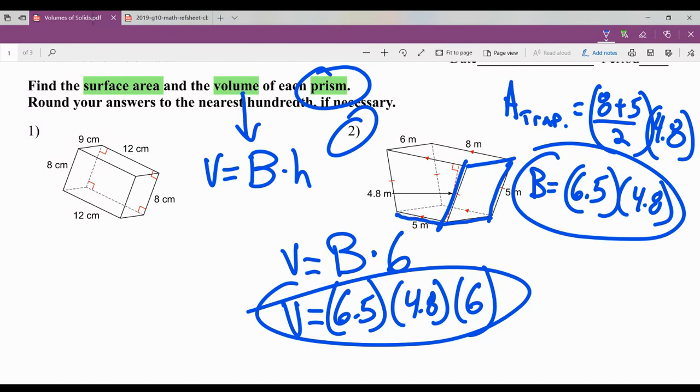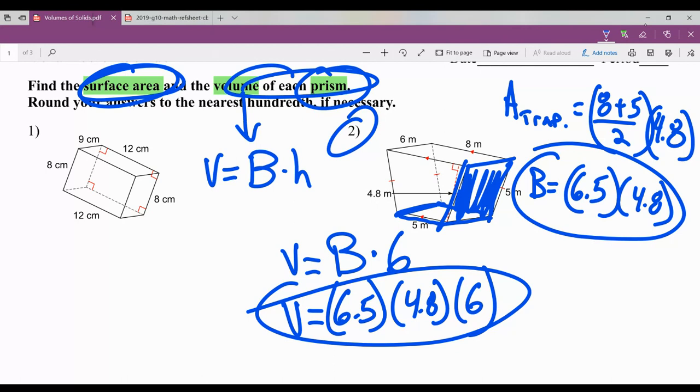This would be 5, and we already know that this is 6. So it turns out that the bottom has the exact same dimensions as, I guess you could call it, the right side. And then the top is 6 by 8. So again, for surface area, find the area of each individual face, whatever they are, rectangles, trapezoids, and then add them up. Volume of any prism is just this.